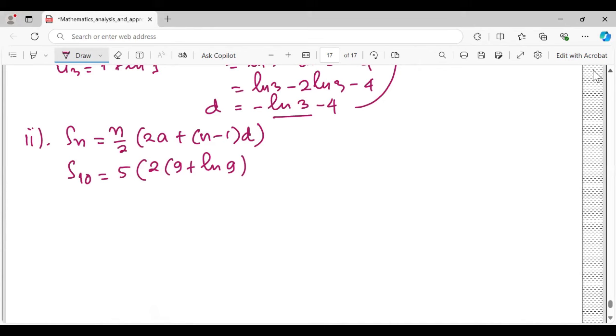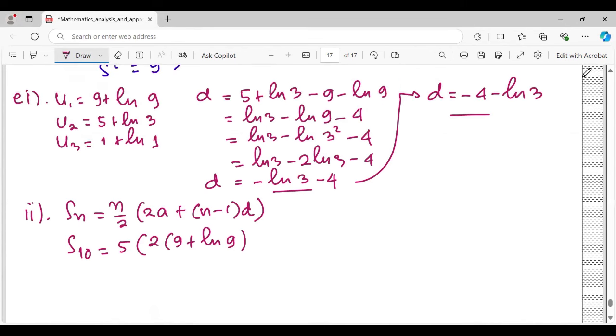I'm going to show you, this is a, or u first, then plus n minus 1, which is 9, times d, which is minus 4 minus ln 3. So it becomes 5 times 18 plus 2 ln 9 minus 36 minus 9 ln 3.